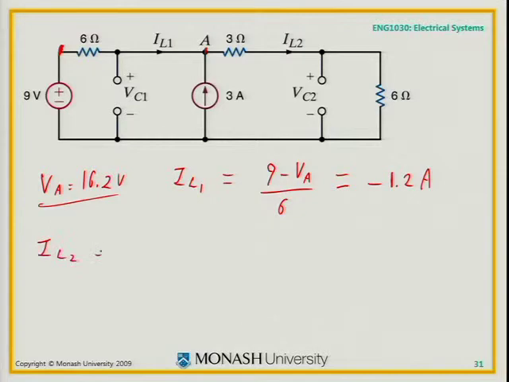IL2, this current here, will be VA divided by 9, which is 1.8 amps.